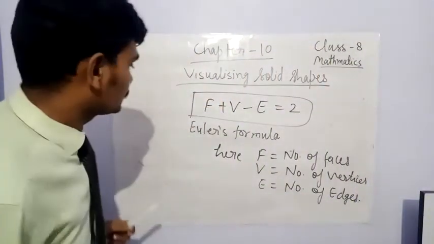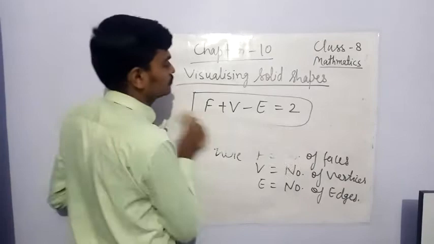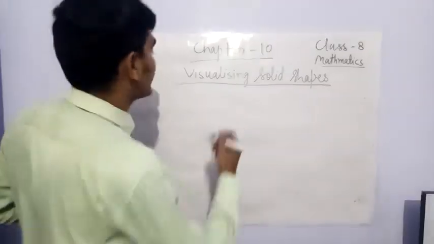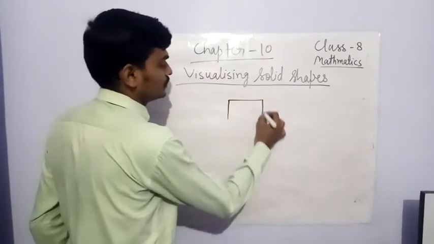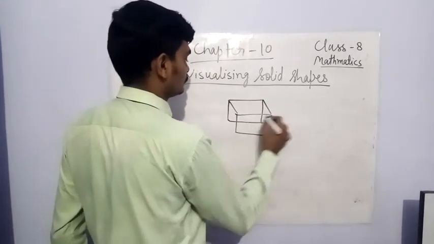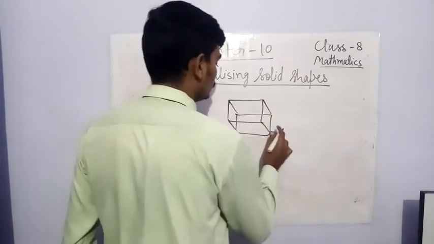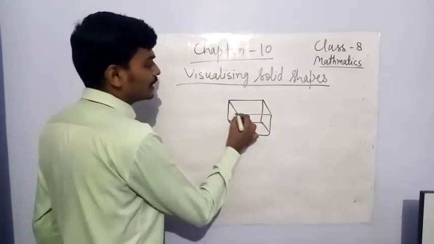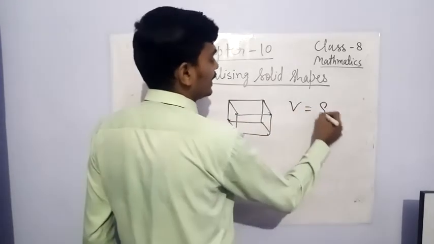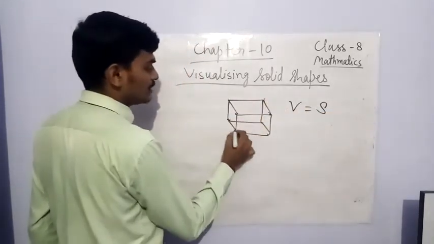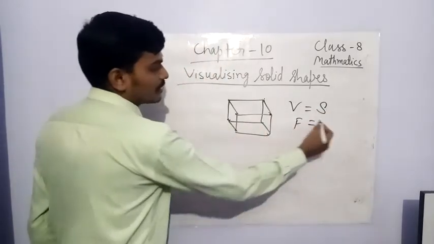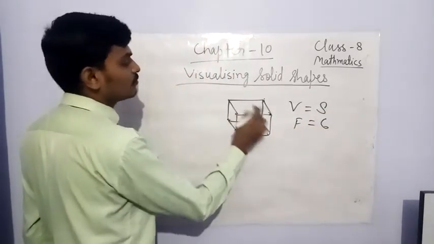For example, if we take any cuboid, here vertices V is equal to 8: 1, 2, 3, 4, 5, 6, 7, 8. Faces F will be 6: 1, 2, 3, 4, 5, 6.